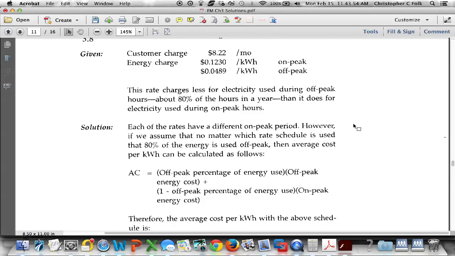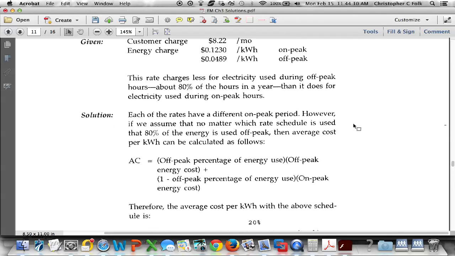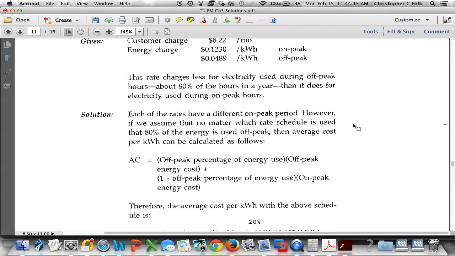We're not comparing apples to apples, so it's slightly different, which may make it difficult for the customer to decide whether or not they can adapt to these new hours. Yes, these new rates are lower, but what if they can't adapt their lifestyle to using the electricity during the off-peak hours predominantly? So that's what we're looking for.